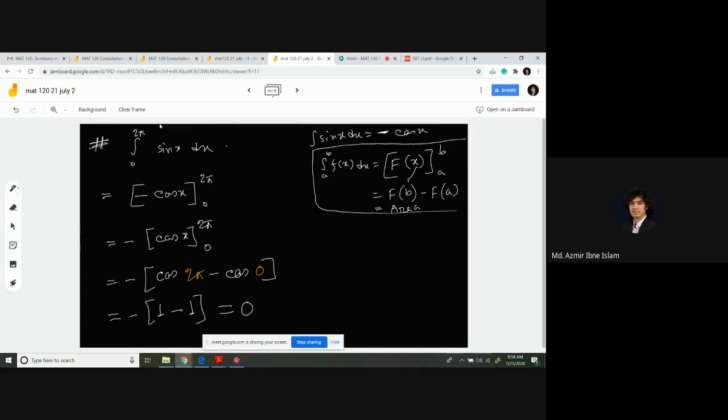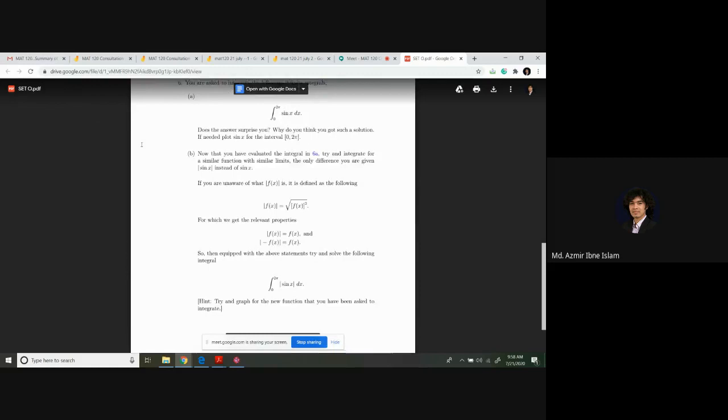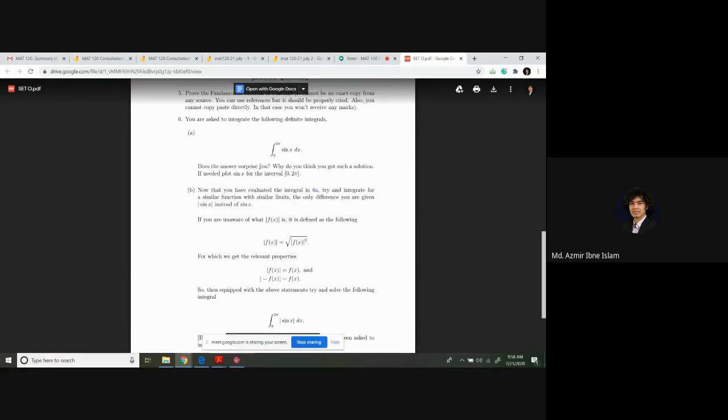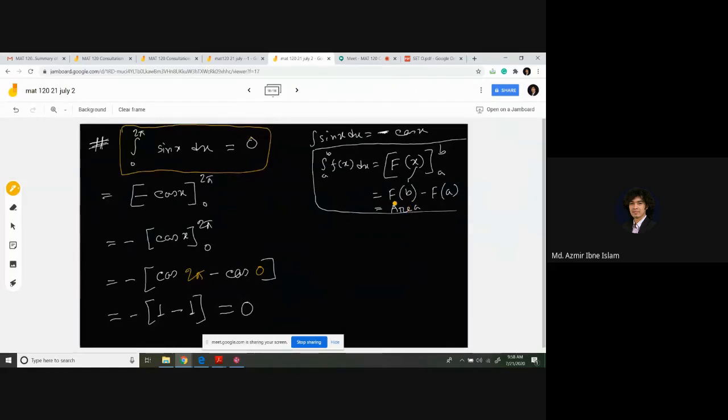Finally, you can see that this integral is giving you 0. Does the answer surprise you? We are saying that there will be an area, because suppose you have one region.